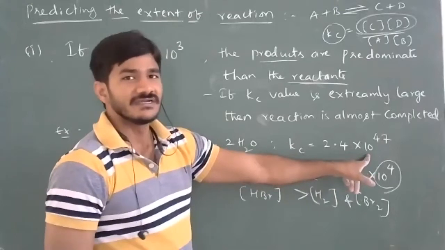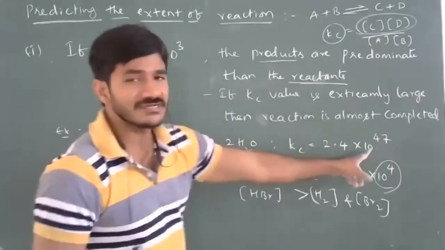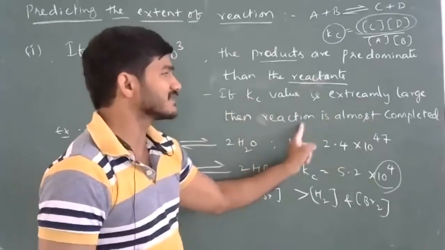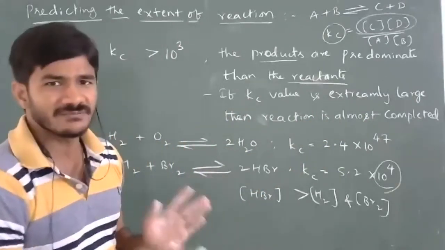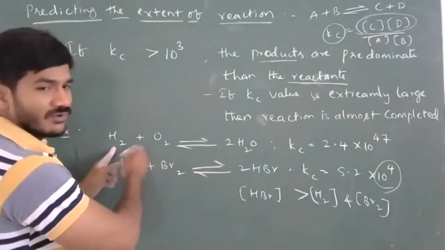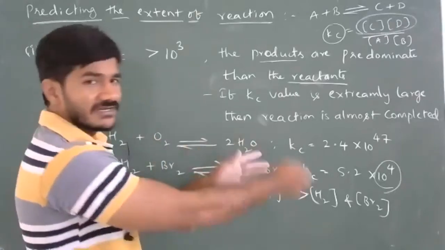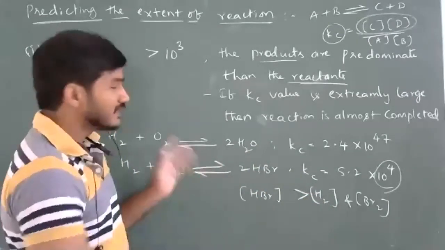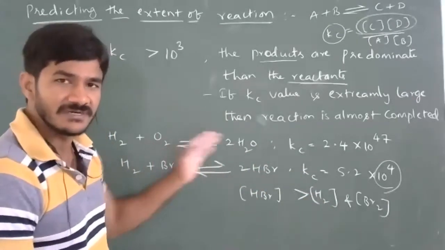But here, this value is extremely large, so the reaction is almost completed. Reaction almost completed means H2 and O2 combine and form H2O completely. Once it is completely formed, there is no reactant concentration, only H2O concentration.